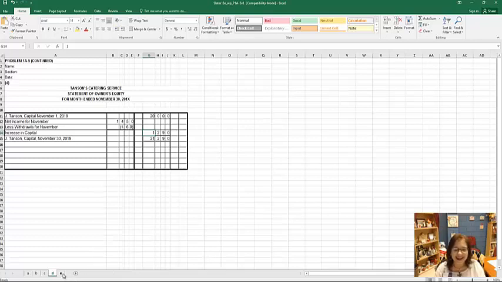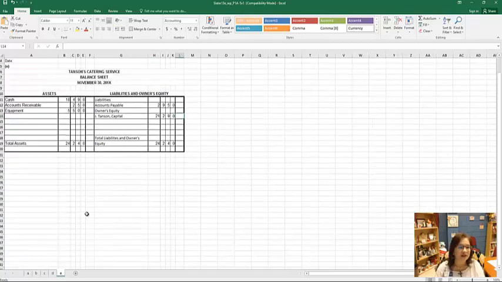Okay? The next thing that we have then, of course, is the balance sheet for November. Again, taking all of the balances at the end of the month on the 30th of November, placing them where they're supposed to be. Again, all the assets, he had cash, he had accounts receivable, he has equipment. So his total assets are $24,240.